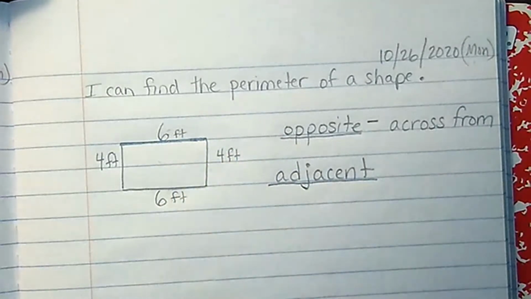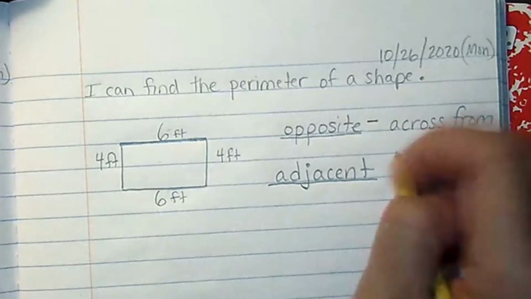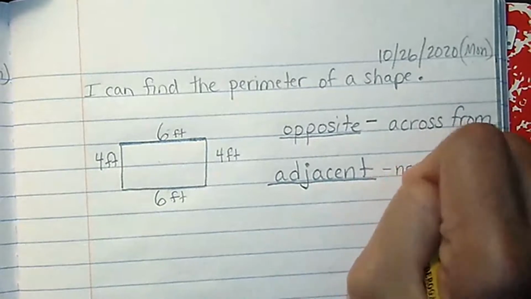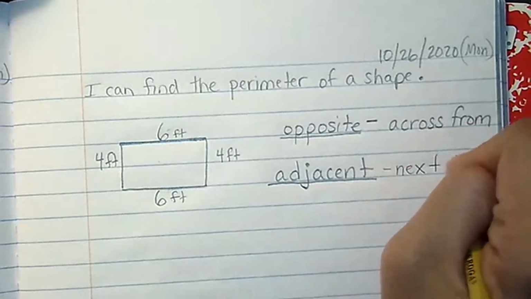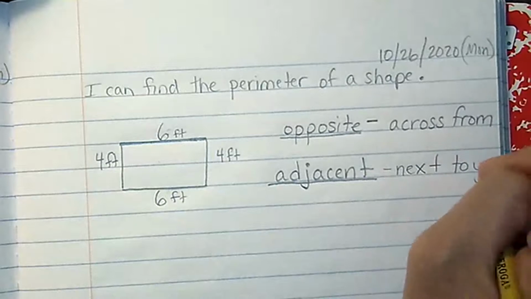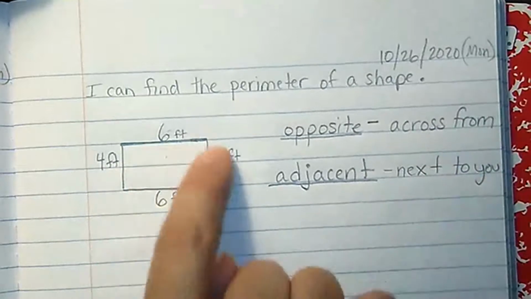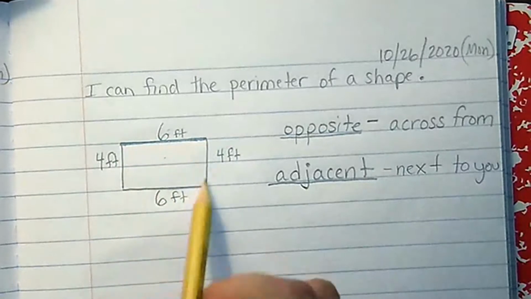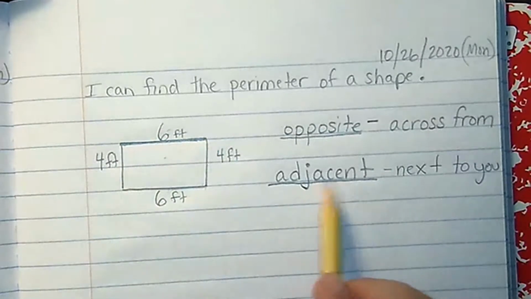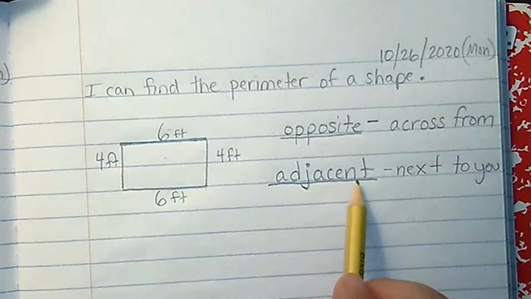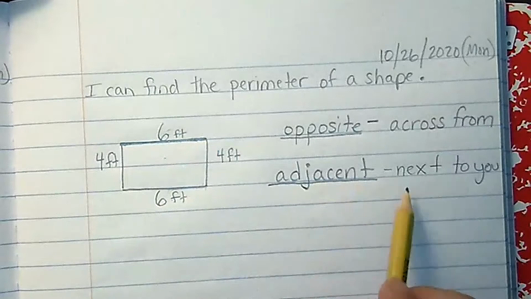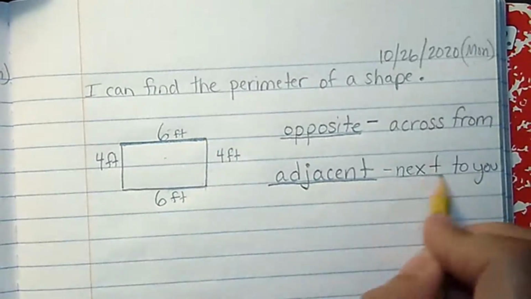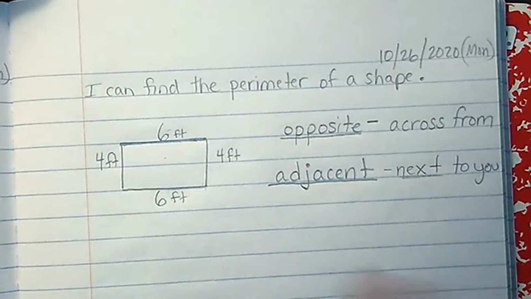Sometimes in the lunchroom, you're sitting adjacent to someone, and that means they're sitting next to you. So an adjacent side would be a side right beside you. I would say 6 and 4 are adjacent to each other. If you live in an apartment, someone lives adjacent to you. They might live right next door. Adjacent means next door, beside you, okay?